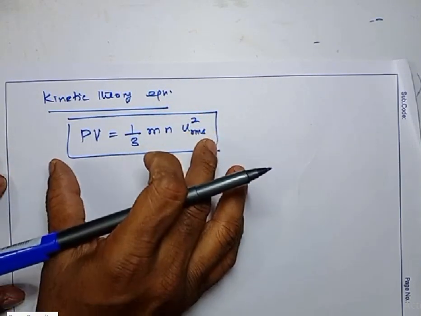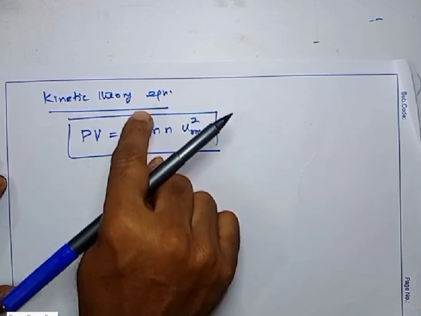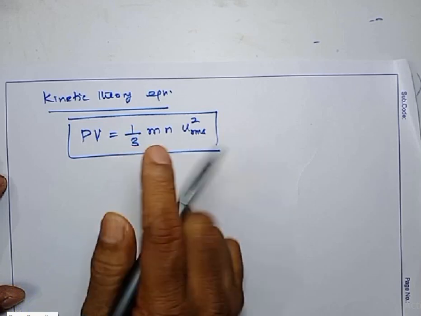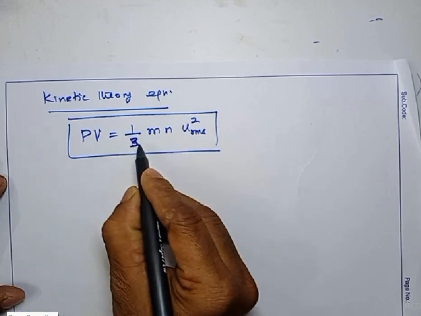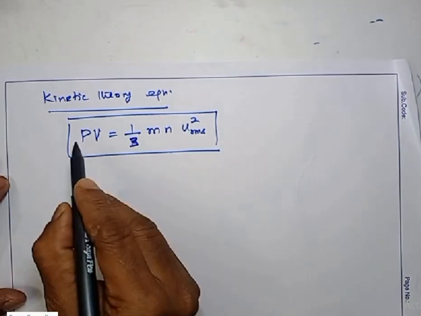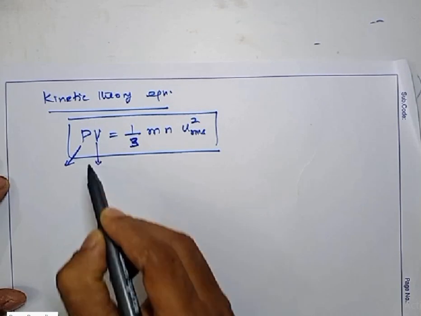I am giving you only the final expression, which we call the kinetic theory equation, which is PV equal to 1 by 3 m n u RMS square. What is P? P is the pressure of the gas. V is the volume of the gas.